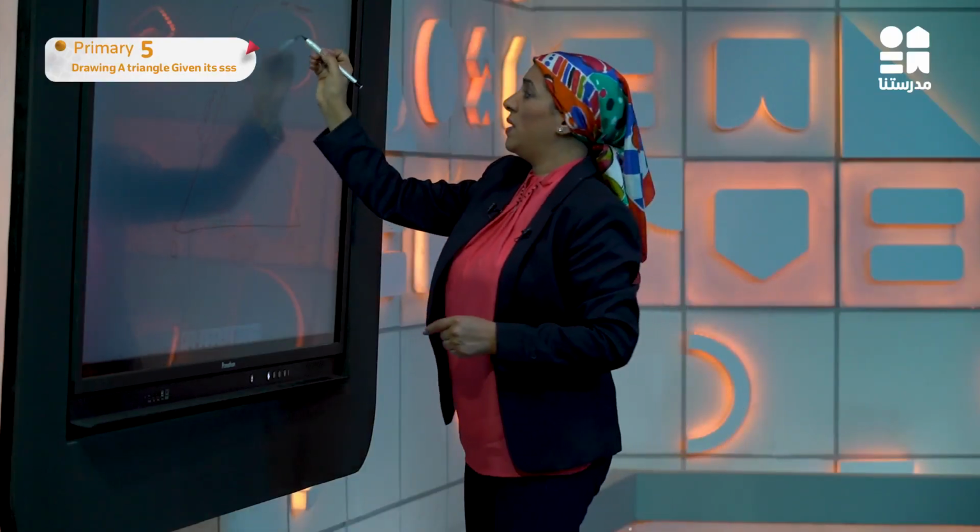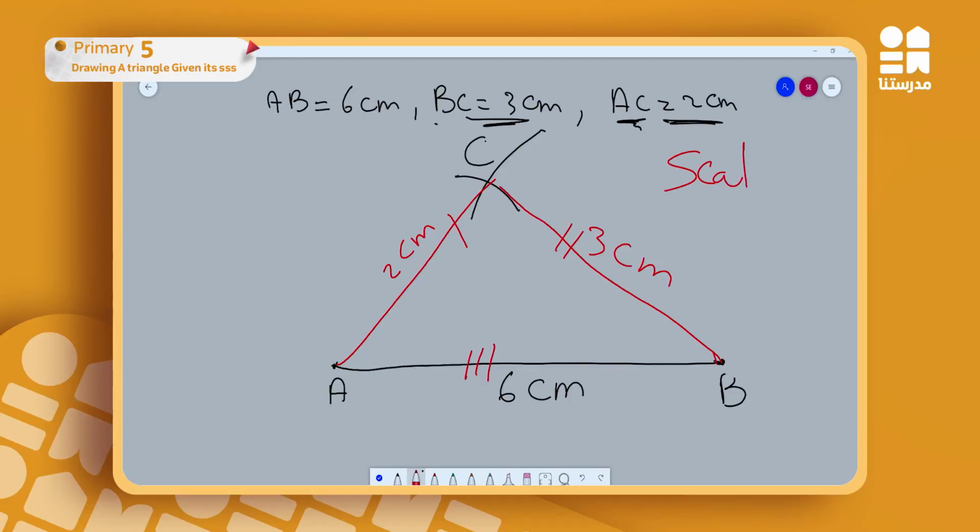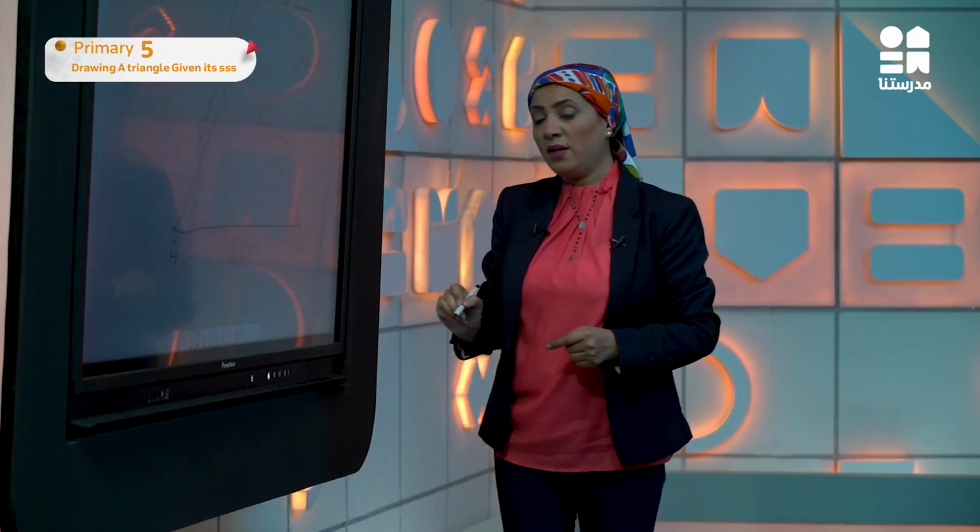So this is called a scalene triangle. Okay?